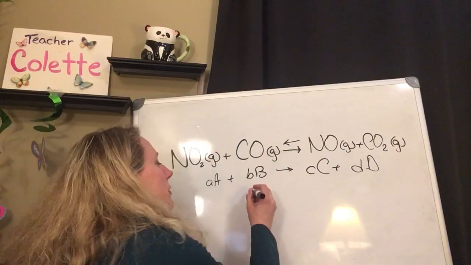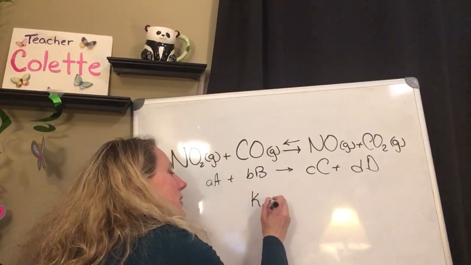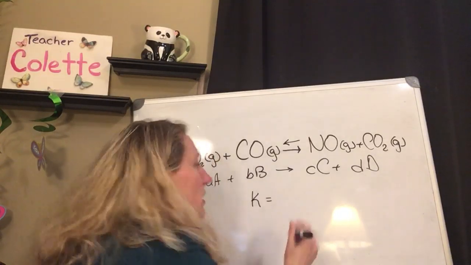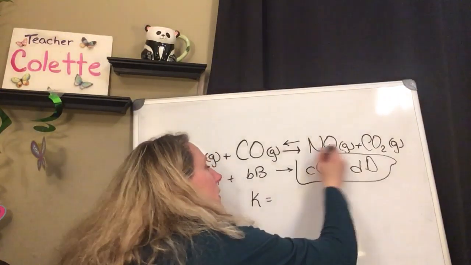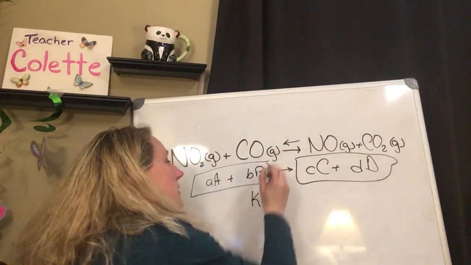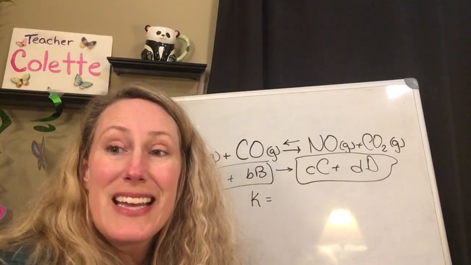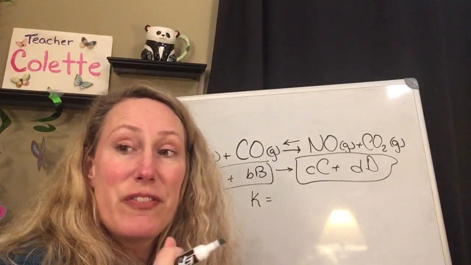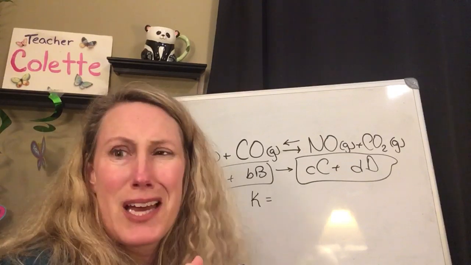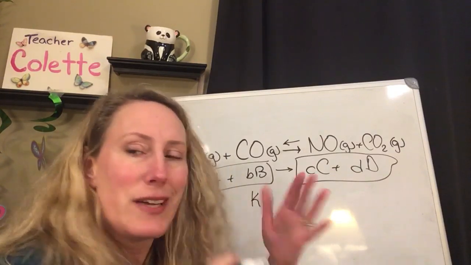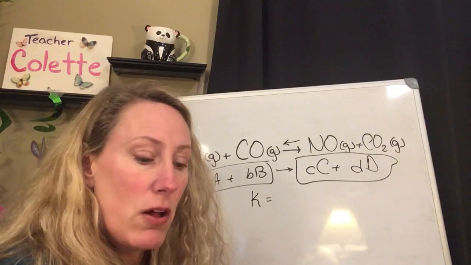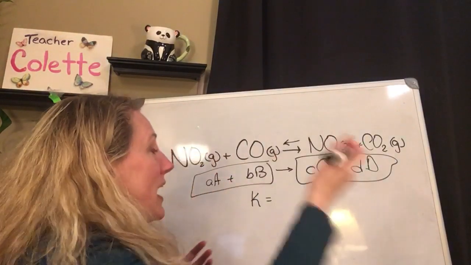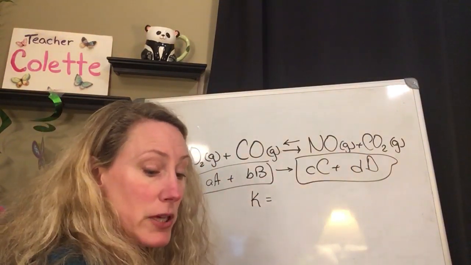The equilibrium constant, K, is equal to the products divided by the reactants. And this time, it's even easier to figure out your exponents. Last time it was kind of a pain; you had to look at trials. This time you don't have to do that at all. You just have to look at your chemical equation.